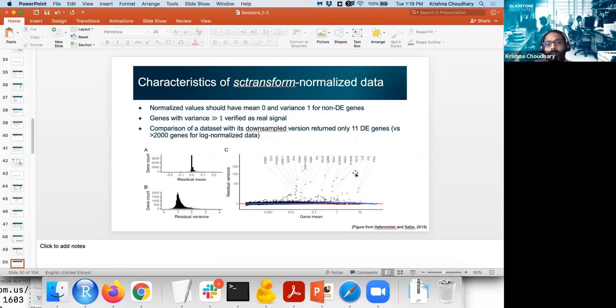But some genes may have very high variance, which will be indicative of some biological phenomena affecting their expression levels in certain cells, which could be disease impacting certain cell types and the expression of certain genes in those cells.